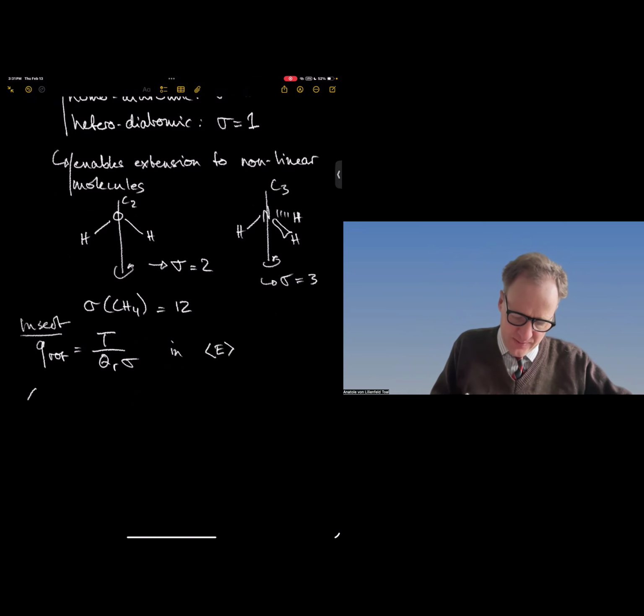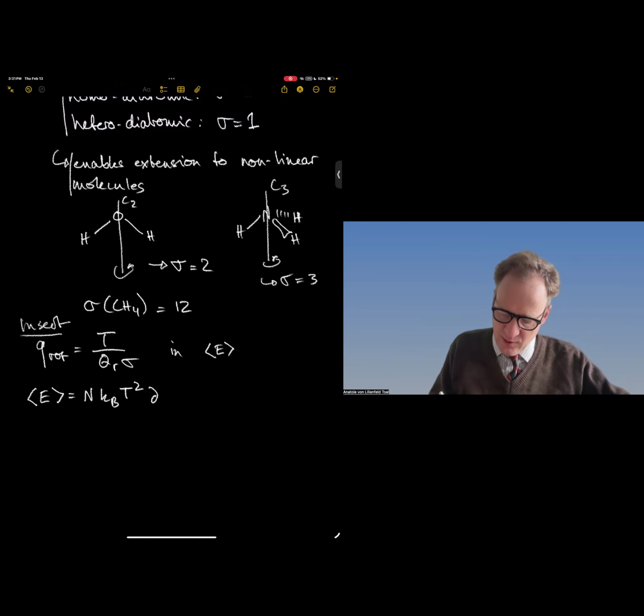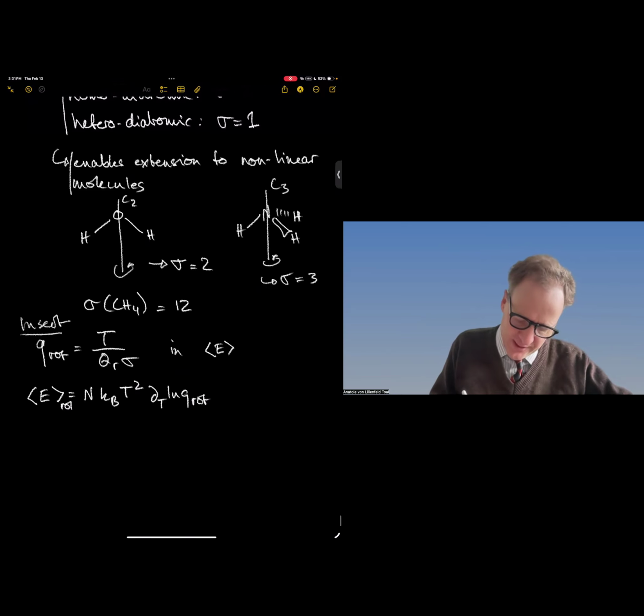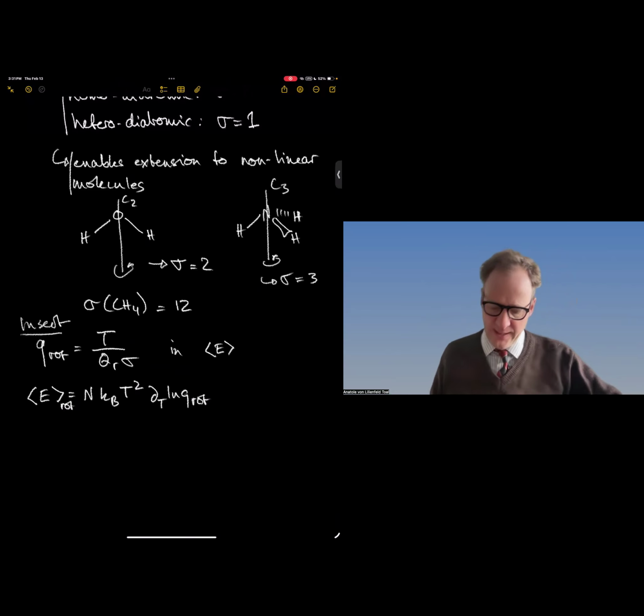For that, as you recall, our averaged energy is kB T squared, and now d logarithm q with respect to T, right? That's the rotational contribution to the internal energy.